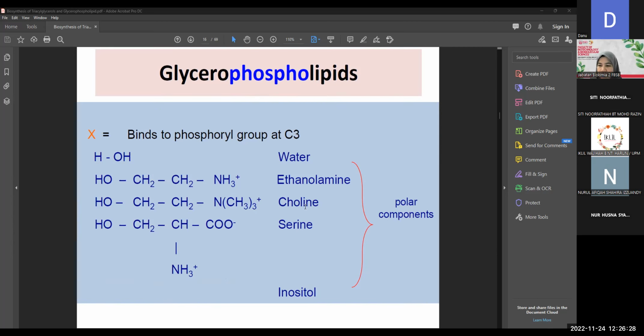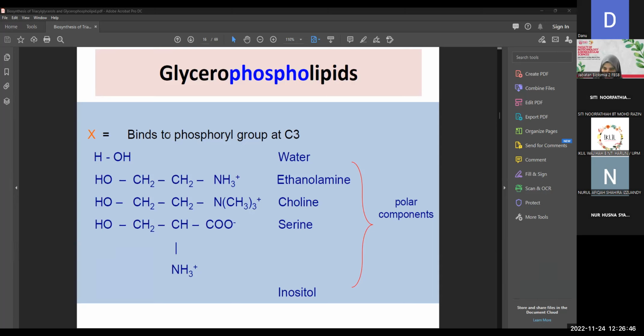These are the four major polar components that can bind to the phosphoryl group at carbon 3: either water, ethanolamine, choline, serine, or inositol.